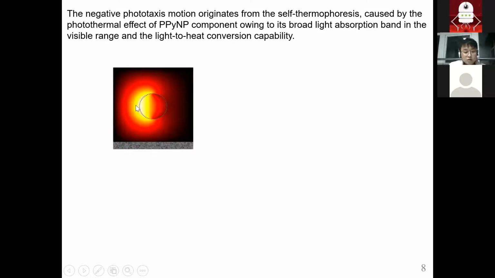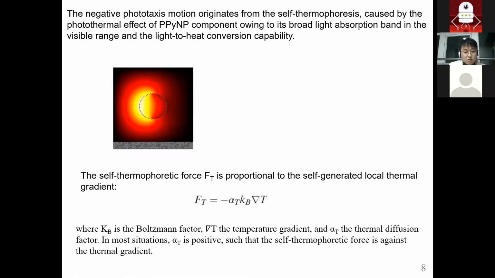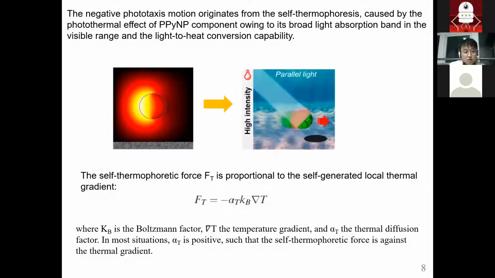In most situations, αT is positive, so the self-thermophoretic force is against the thermal gradient. So the temperature gradient drives the negative phototactic motion of the micromotor.